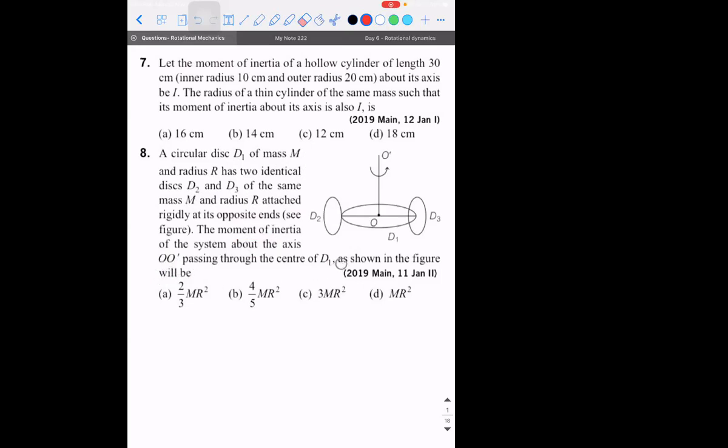How to proceed, guys? So should we use perpendicular axis theorem to find the moment of inertia of the other two disks? You have to tell me what comes to your mind. So now let's logically think.